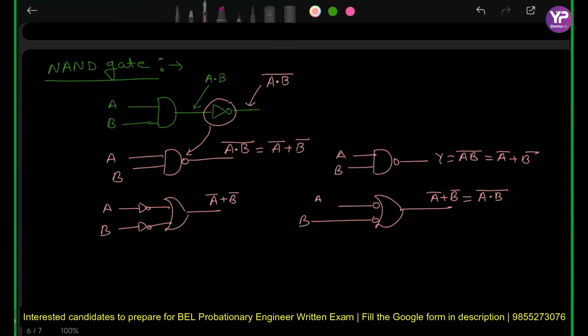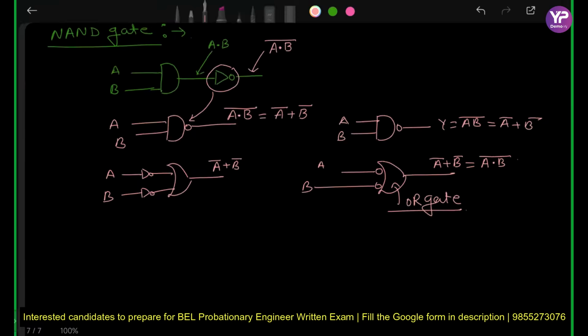So in the second one, we are using an OR gate with a NOT. This is an OR gate, right? Okay, let's move further.